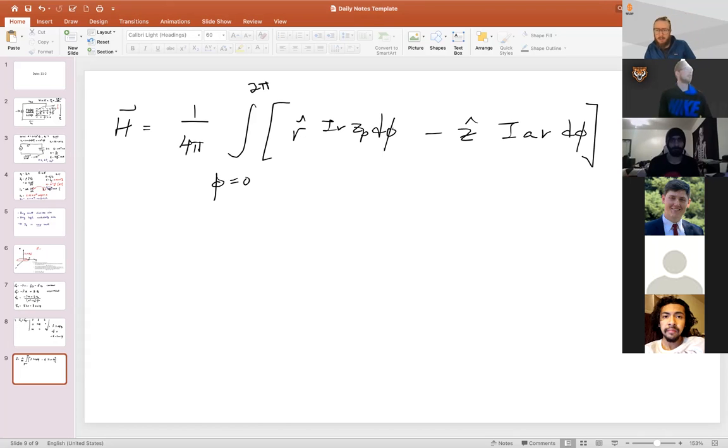Do you remember from the electric field problem? What's going to happen when we try to integrate this R hat direction all the way around phi? Does anyone remember what happens when you try to do that?